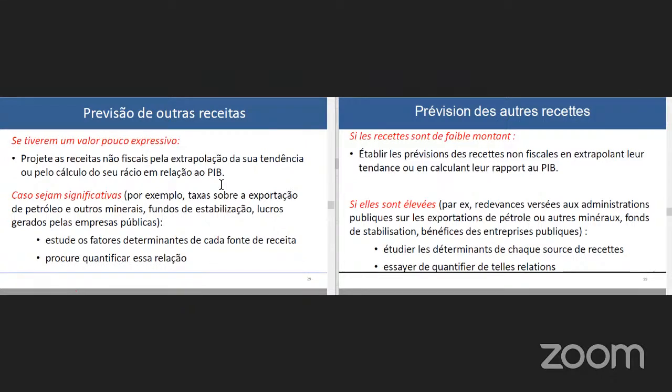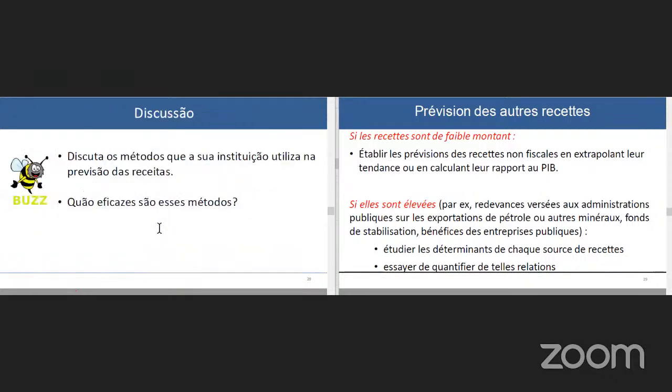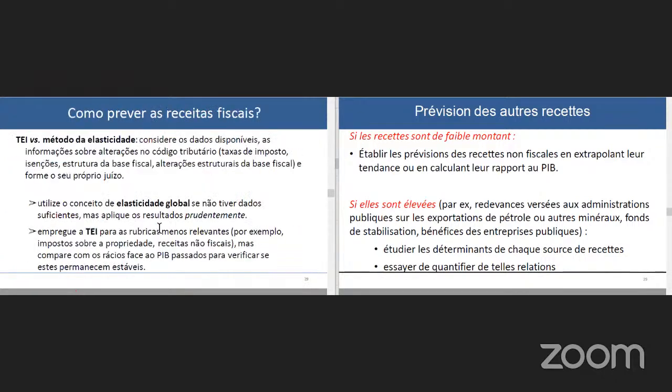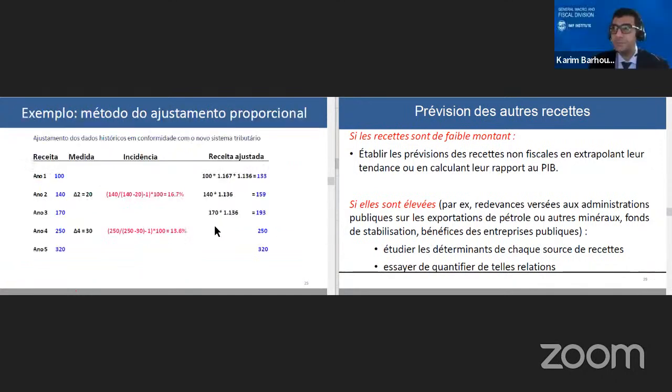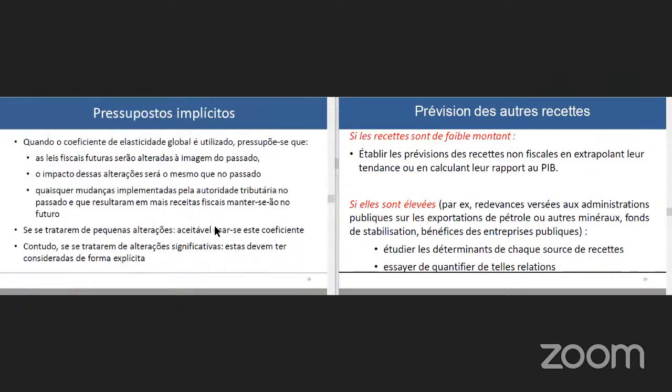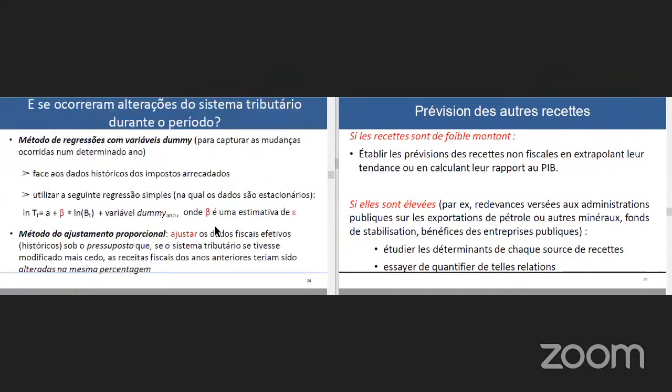I'm sorry, I want to take it back a little bit. When you had the regression specification, the GDP and the tax lagged one period. Which one is the main variable there?